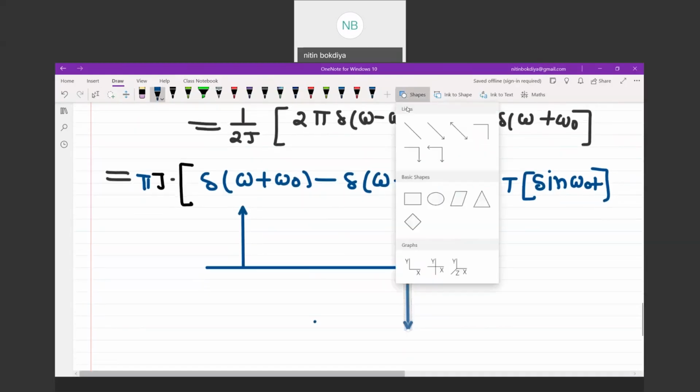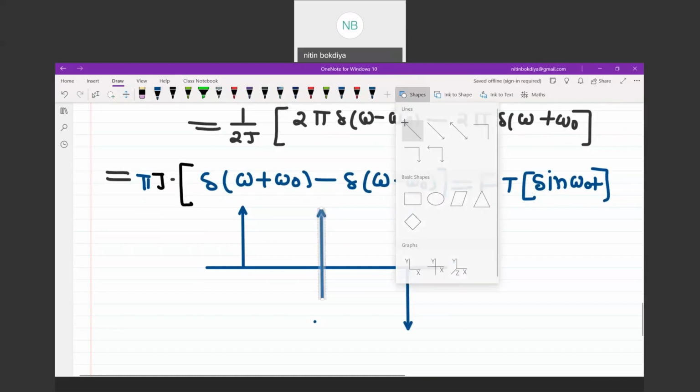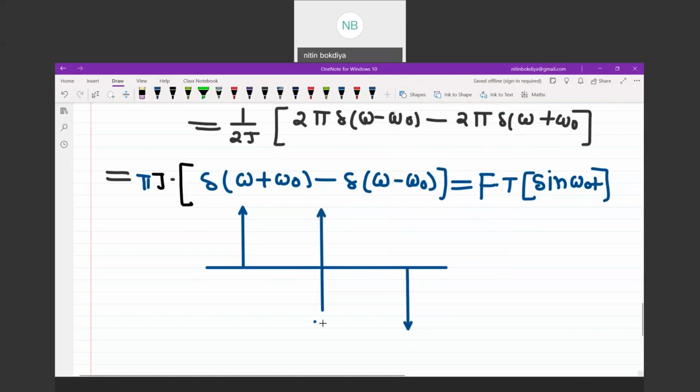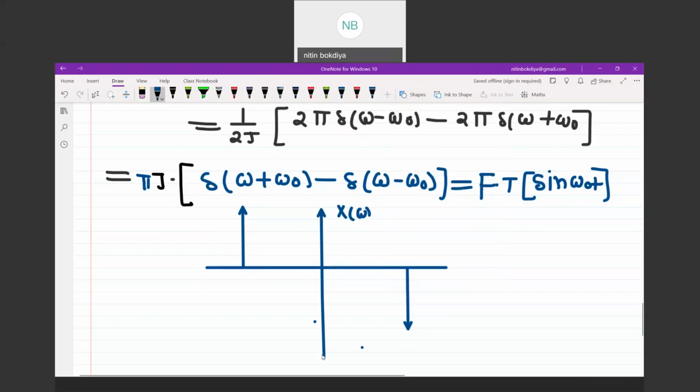And this is x of omega. This is omega. This is omega equal to omega naught. This is omega equal to minus omega naught.